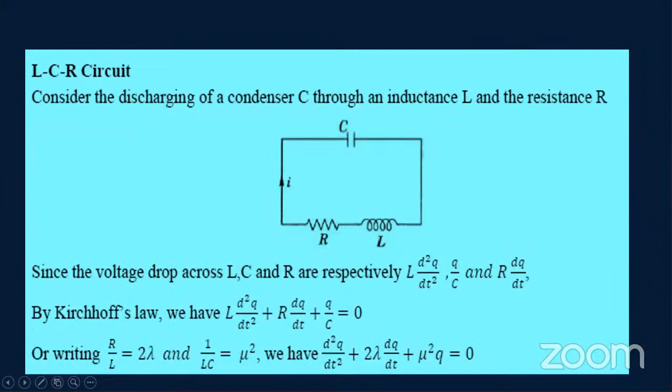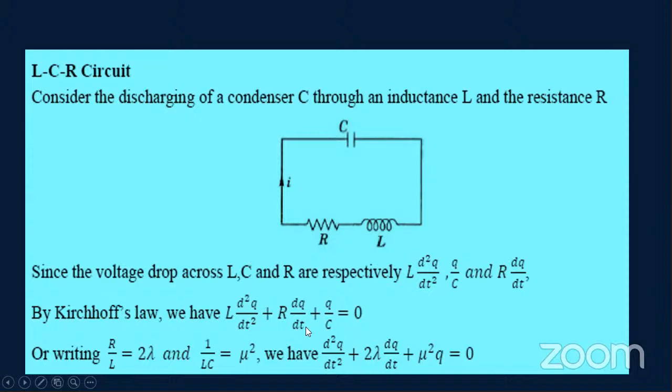And for the LCR circuit, the same. Here we will have resistance, inductance, as well as capacitance. Here, since the voltage drops across L, C, and R are respectively L d square q by dt square, q by C, and R into dq by dt, again by Kirchhoff's laws we have the equation L d square q by dt square plus R dq by dt plus q by C equal to 0.